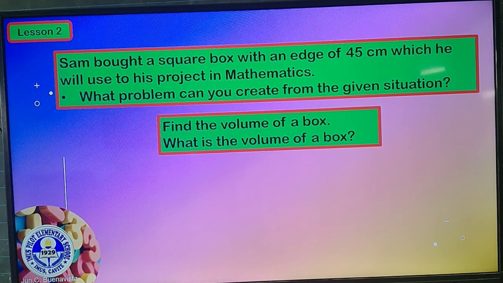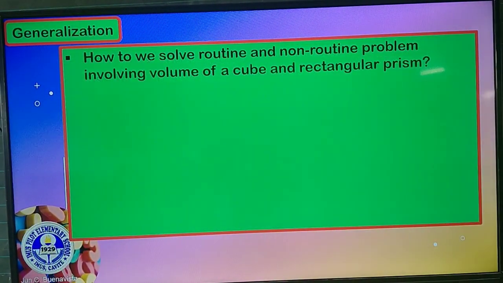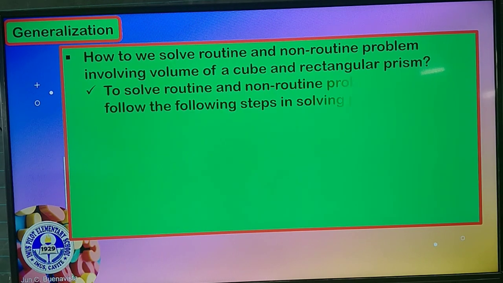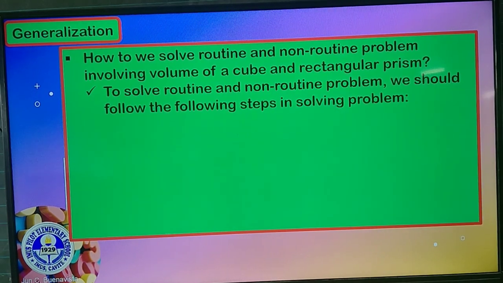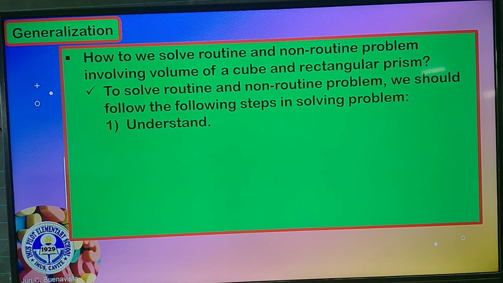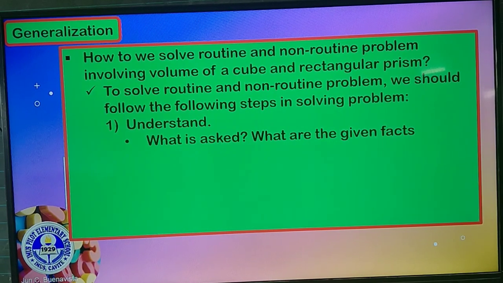Okay, so how do you solve now routine and non-routine word problems involving volume of a cube and a volume of rectangular prism? Okay, very good. So to solve routine and non-routine word problems, we should follow the following steps. We have step 1, understand. Under the understand, you are going to know what is asked and what are the given facts.